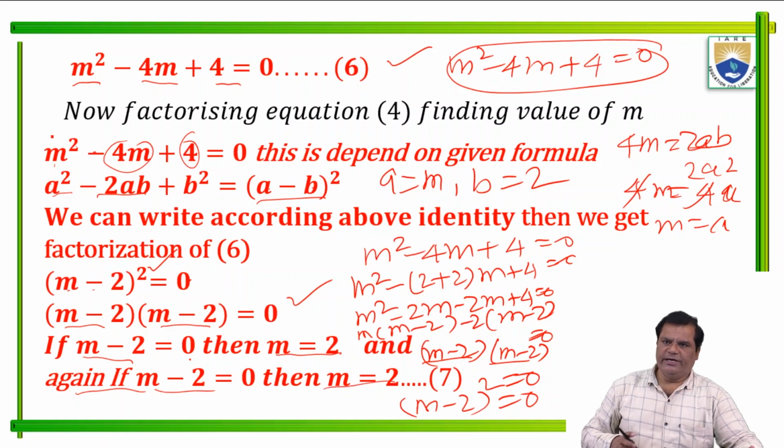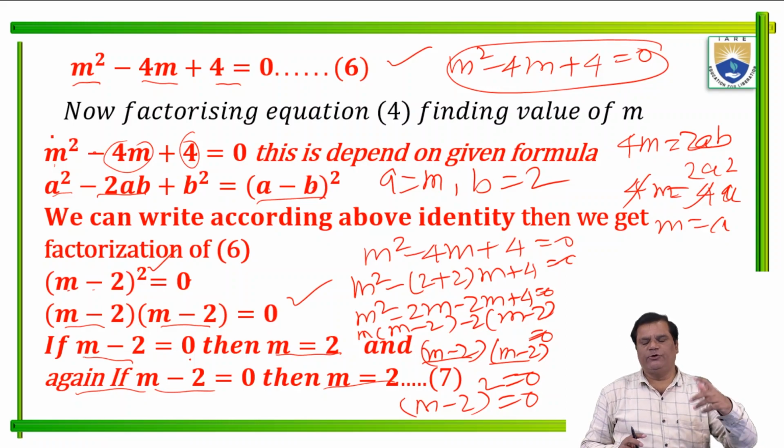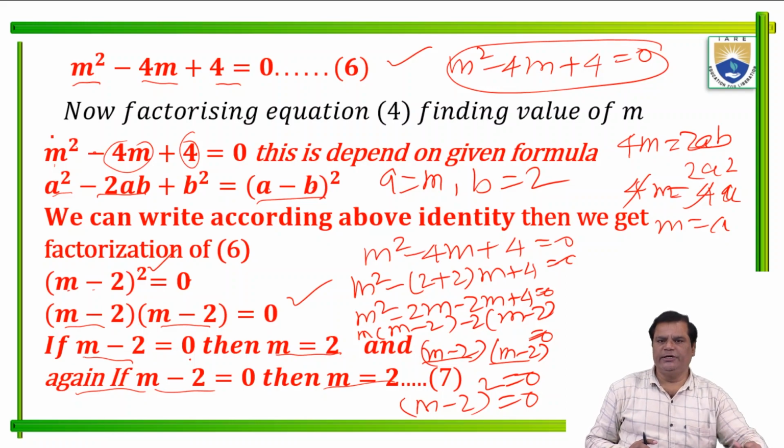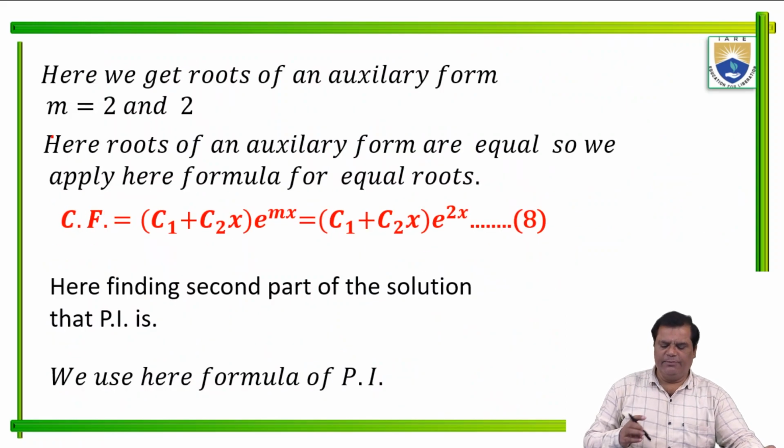So we get the factorization of equation 6, and because this is a quadratic, a 2-degree equation, we find two values of m. The roots of the auxiliary form are m equal to 2 and 2.